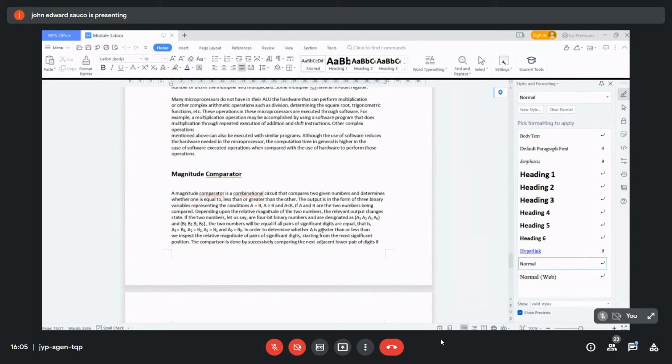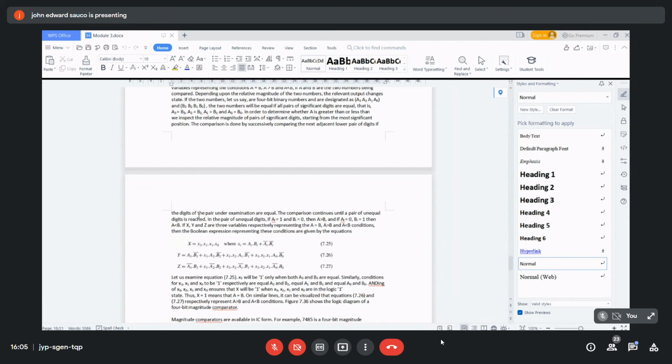In order to determine whether A is greater than or less than B, we inspect the relative magnitude of pairs of significant digits starting from the most significant, yung A3 and B3, and comparison is done by successively comparing the next adjacent lower pair of digits. If the digits of the pair under examination are equal, the comparison continues until a pair of unequal digits is reached.